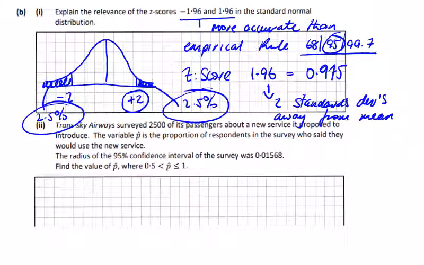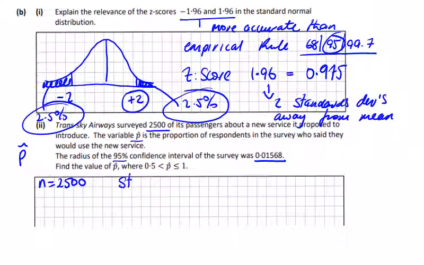Part 2. Transky Airways surveyed 2,500, we have an N here, 2,500, about a new service. The variable P hat, I'll just call it P in this question, I'll change to P hat at the end, is the proportion of respondents who said they would use the new service, and the radius of the 95% confidence interval of the survey was this. So this brings in standard error.